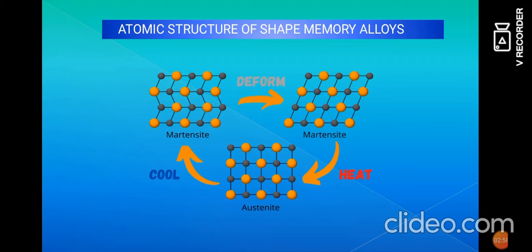Further, when the material is cooled, the austenite material is slowly changed into martensite phase. That means the shape memory alloy once again regains its original shape and structure by applying the heat energy, and also when the material is cooled, it will regain its original shape as shown in the figure.